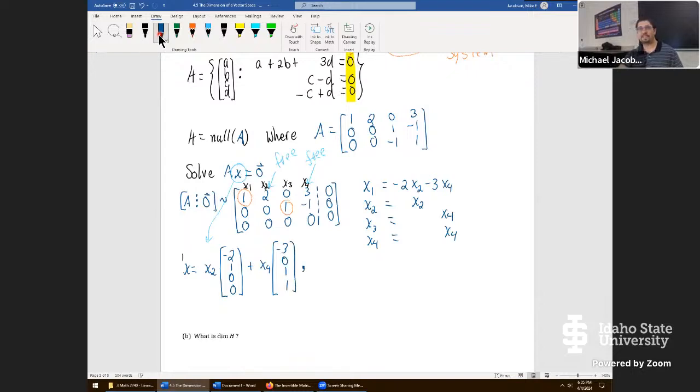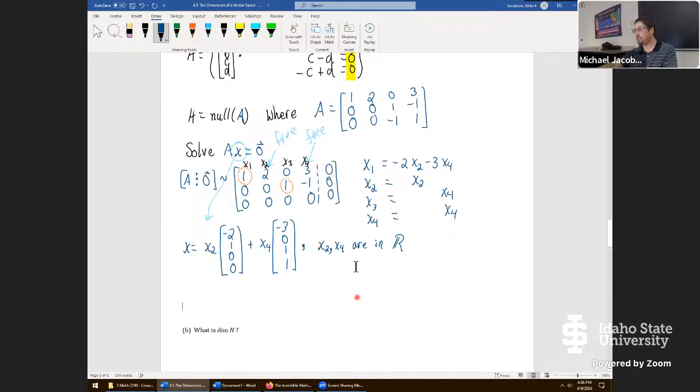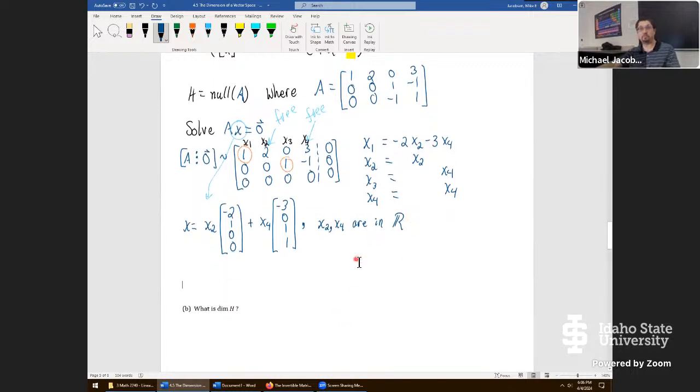And I always encourage you to write down this statement. Every time you're doing a homogeneous system or building out a null space, you produce these vectors as just part of the process. But a good call is to write this next, where x2, x4 are in R. At this stage of the course, we have a good answer of why I kept on encouraging you to definitely write this down. It helps.